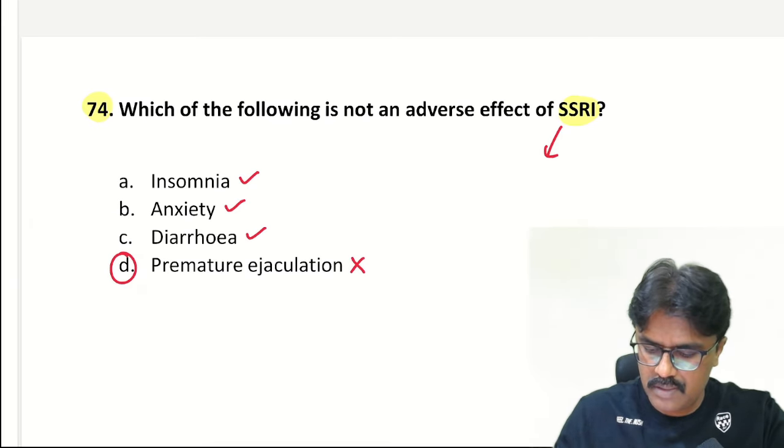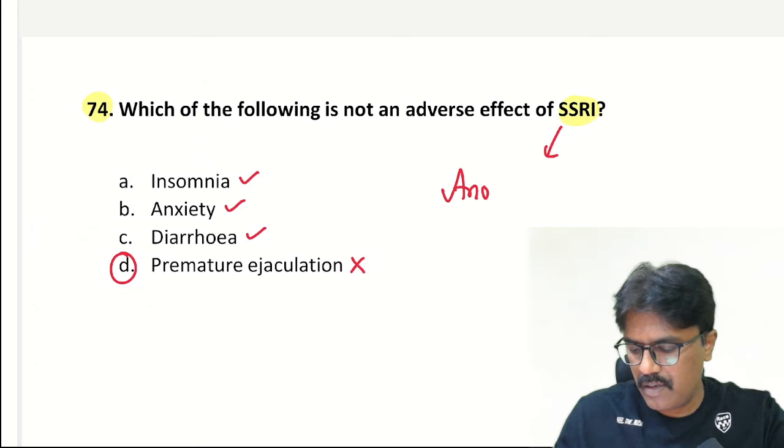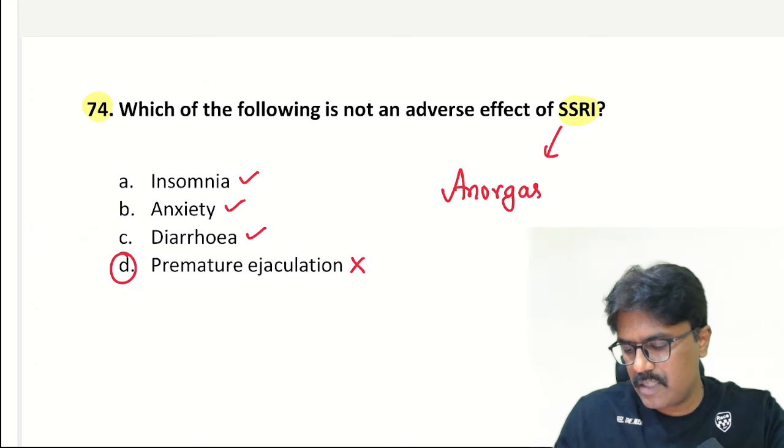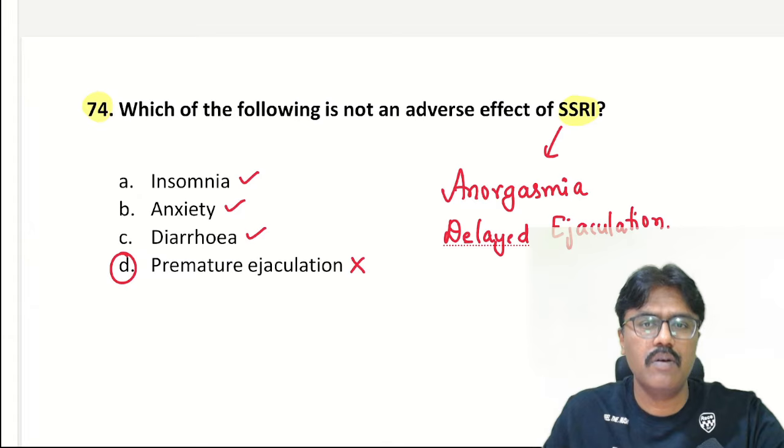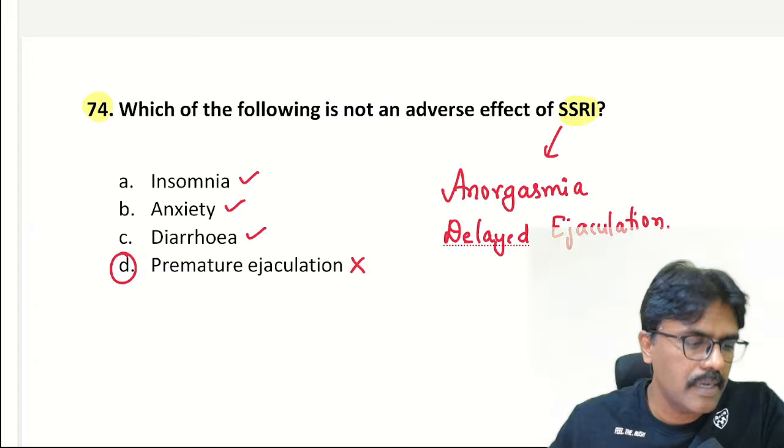SSRI causes sexual dysfunction called anorgasmia and delayed ejaculation. Not premature, they cause delayed ejaculation.